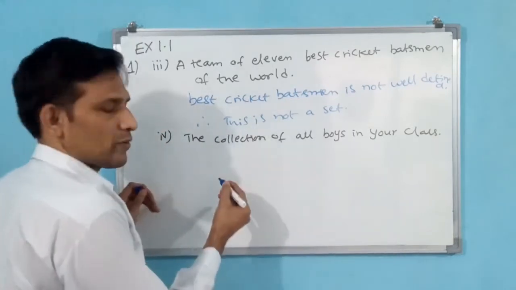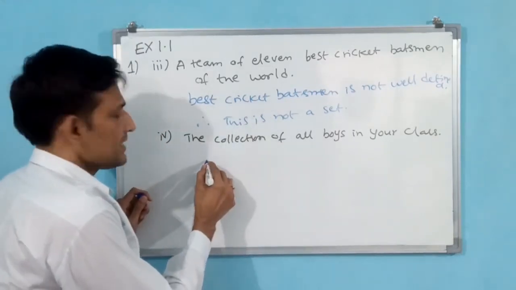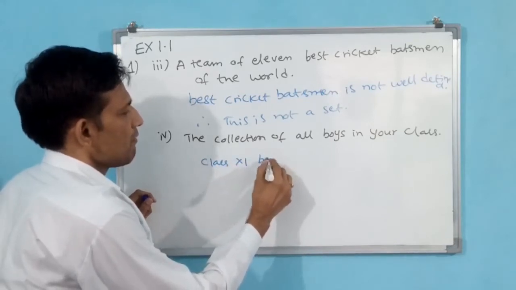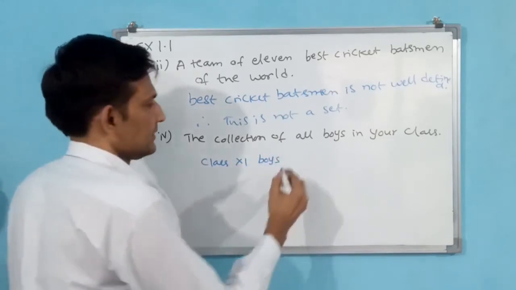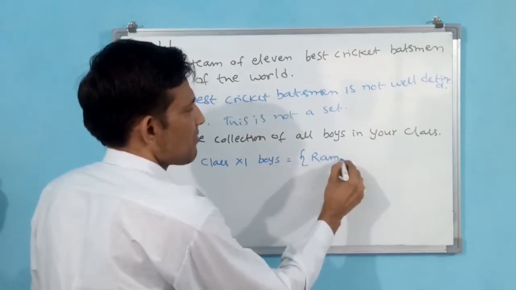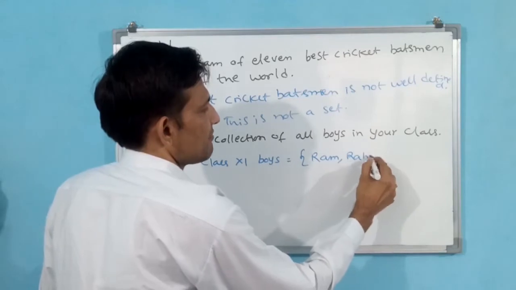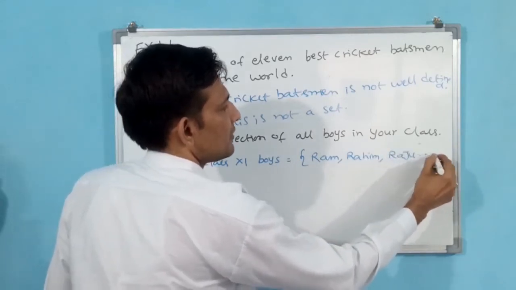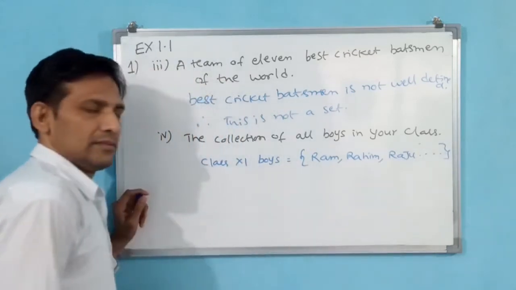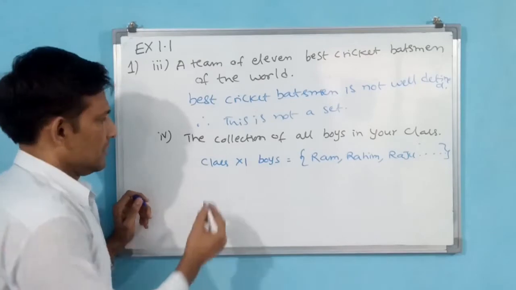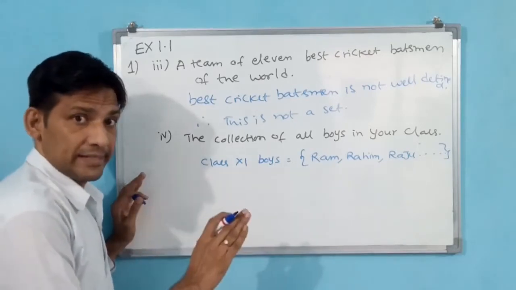Automatically, see, the set is class 11 boys. They may be Ram, Rahim, Raju, like that. For example, I am writing.